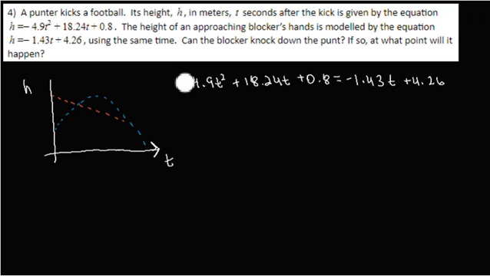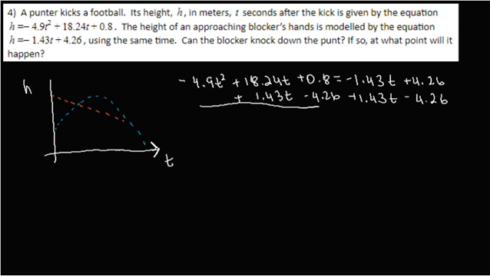We're going to add 1.43t and subtract 4.26. That gives us negative 4.9 t squared plus 19.67t minus 3.46 equaling 0.